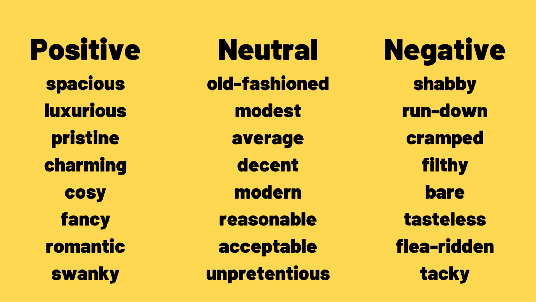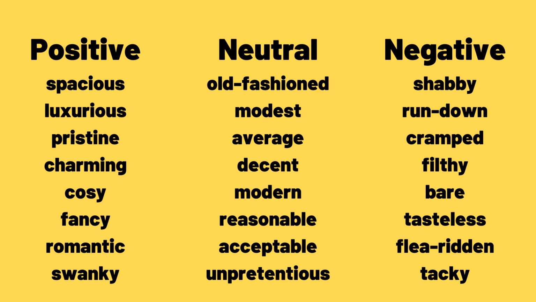For neutral, these are words that are just descriptive, but it's not necessarily good or bad. Old-fashioned, modest, average, decent, modern. So depending on the context, some of these could be positive or negative, but they don't necessarily have a positive or negative connotation. Reasonable, acceptable, and unpretentious.